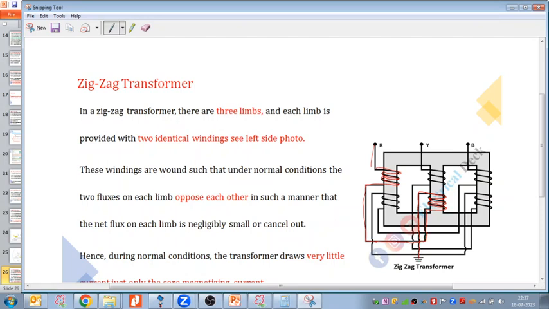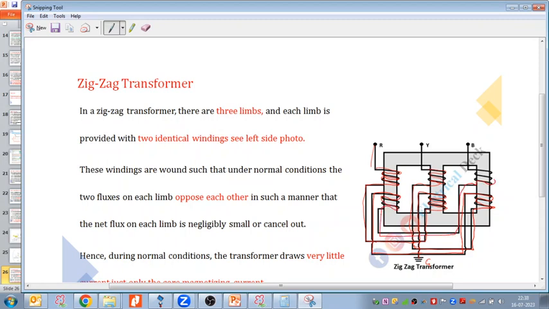Means the last point, here we are making one last point connected to the ground. Similarly, the Y phase goes over here, over here, over here, this coming down, interconnected star.